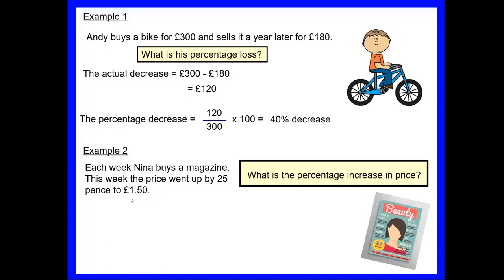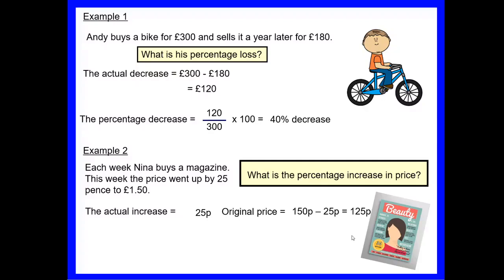So if it's currently £1.50 and it's gone up by 25 pence, then we should be able to work out how much it was. Now, whenever we're working with units in maths, we need them to be the same. So it's worth changing our £1.50 into pence. That'd be 150 pence. So our actual increase was 25 pence. The original price was 150 pence minus the 25 pence.